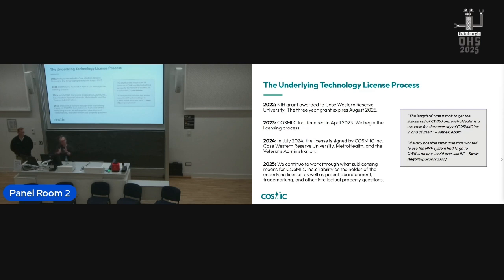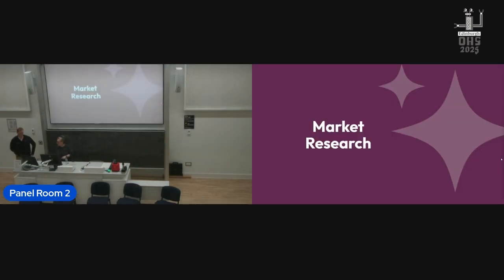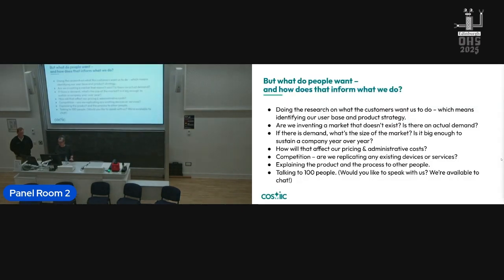So there needed to be a translational entity, and that's us. Our sublicenses include hardware, the CERN license, the MIT license, and Creative Commons, because there's hardware, software, firmware, and documentation. And this really did take 23 drafts. 23 drafts later, and we are into the land of marketing research.